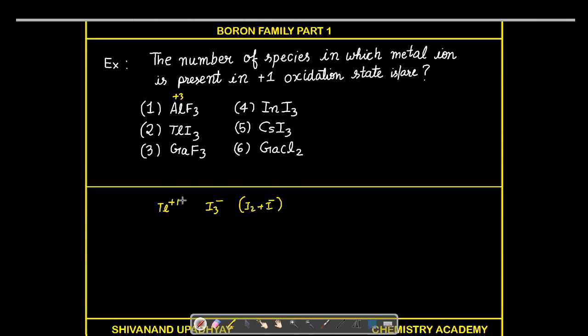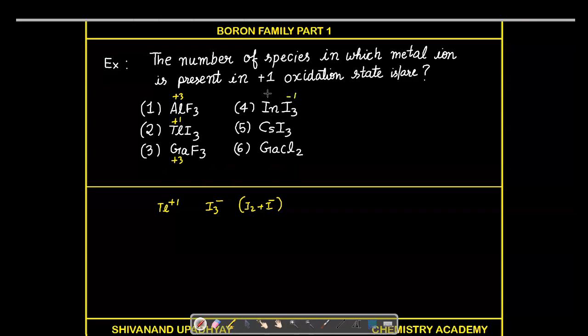So thallium, we know that it is existing in +1, and I3 is existing in the form of I3 minus. So from there we can say that this thallium is existing in +1 oxidation state. Fluorine is existing in -1. So from there I can say that gallium is existing in +3 oxidation state. Same, I3 minus will exist here in the form of -1.